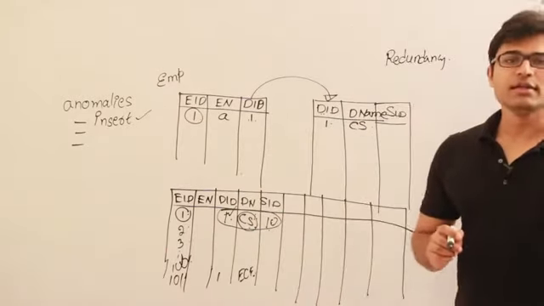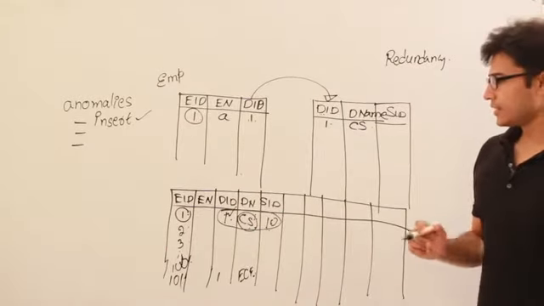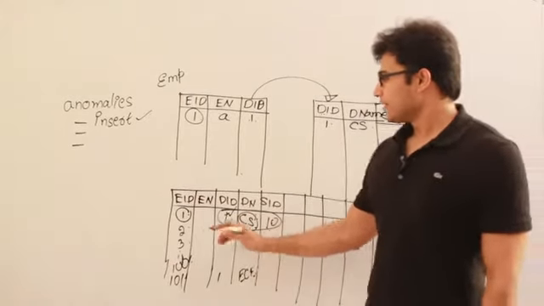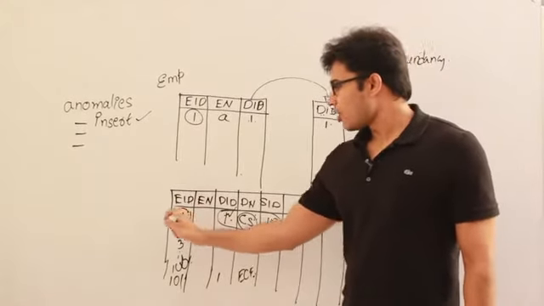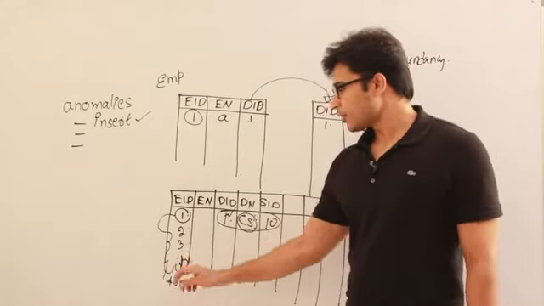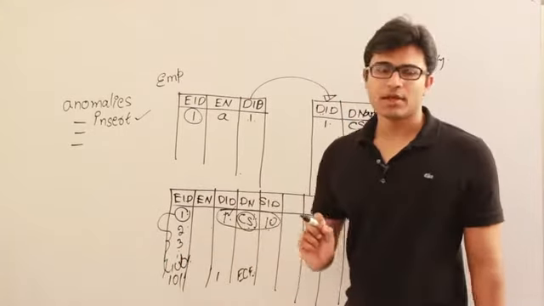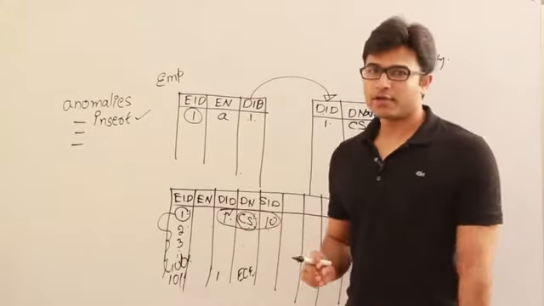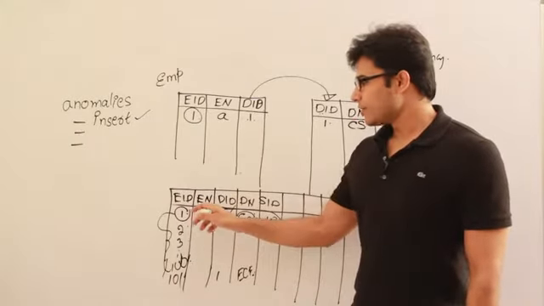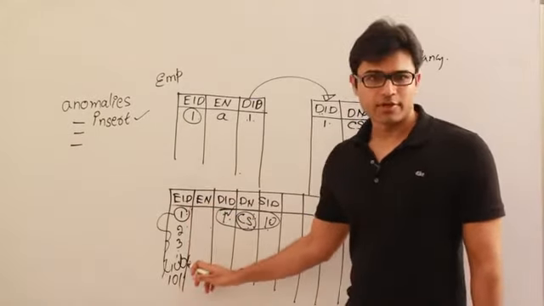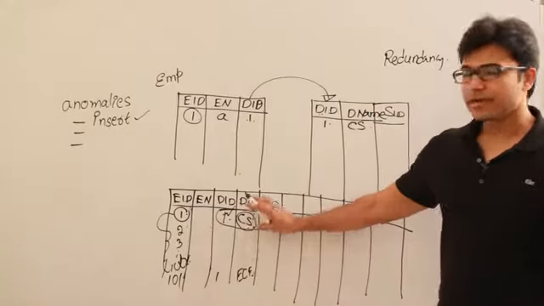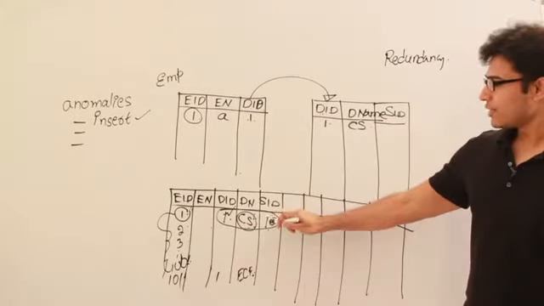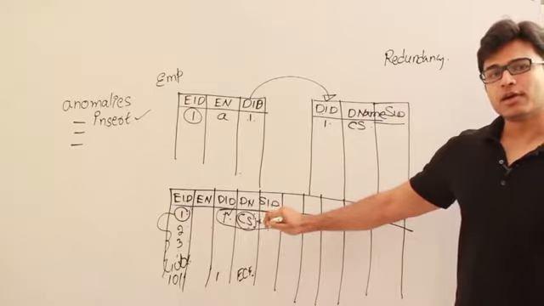Next one is deletion anomalies. I'll just take an example here. Let us say I want to delete all 100 employees working for department number 1. Now no employee works for department number 1. Then when you delete all the employees of the department, the department itself gets deleted, because there will be no entry containing the department number.